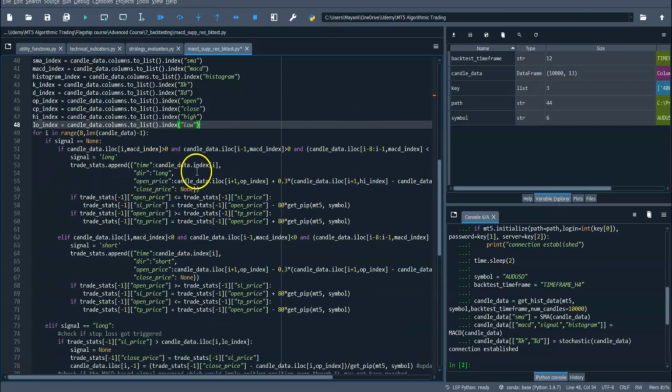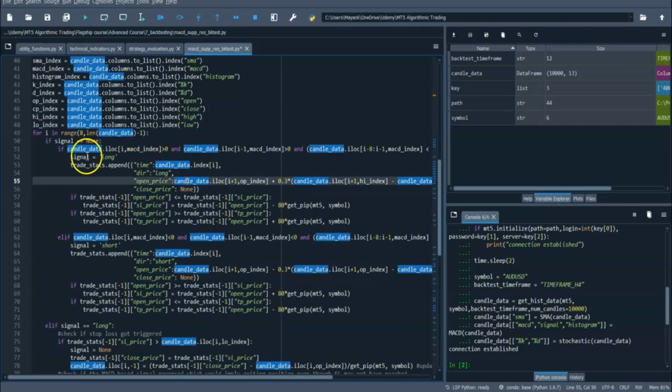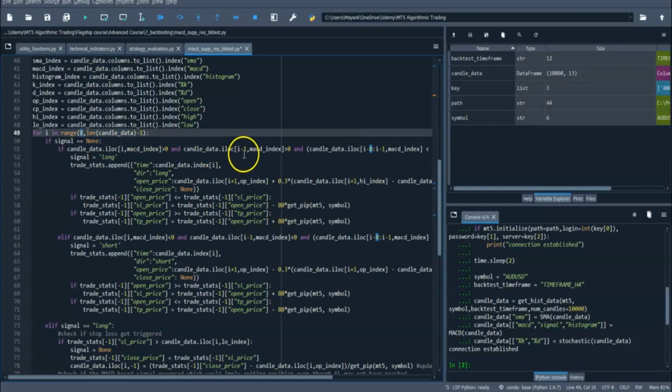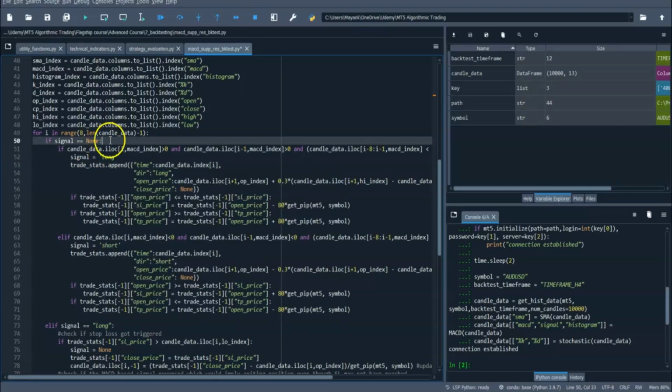Alright, so what all need to change here? So we will change these numbers based on how far we are going from the present row. So we will update this in a bit. But let us see what major changes need to be done in the actual logic implementation. So if signal is equal to none, the first thing that we have to do is check whether the current price or the close price is greater than or less than the simple moving average.